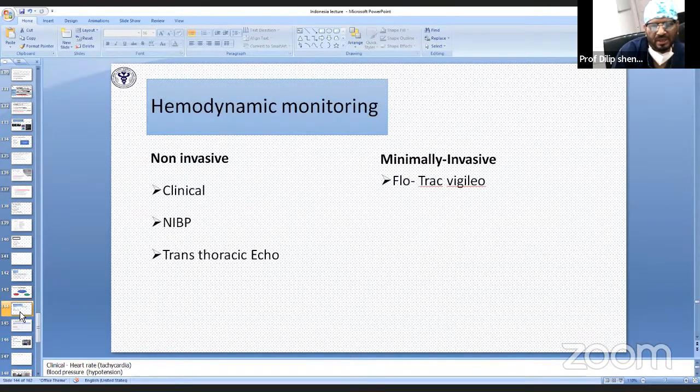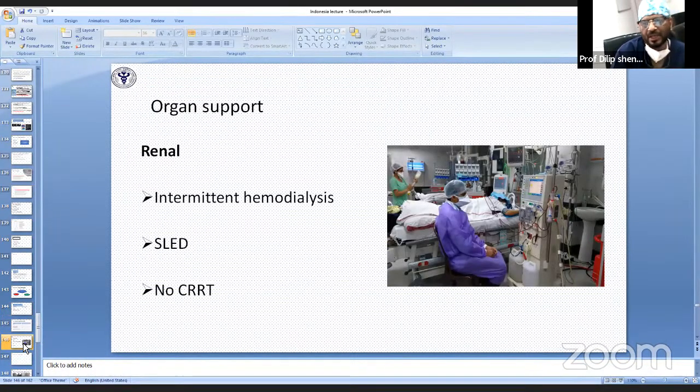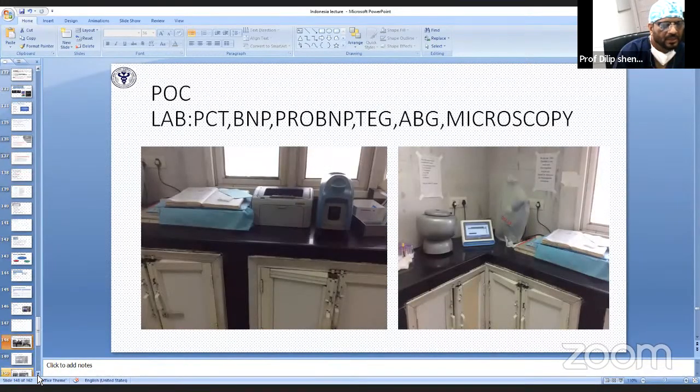For hemodynamic monitoring, we use non-invasive methods. We have Vigileo, a cardiac output monitoring device. We are very well equipped. For renal support, we have SLED; for CRRT, we have to take the help of nephrology.